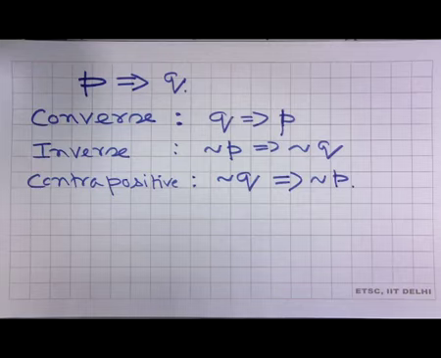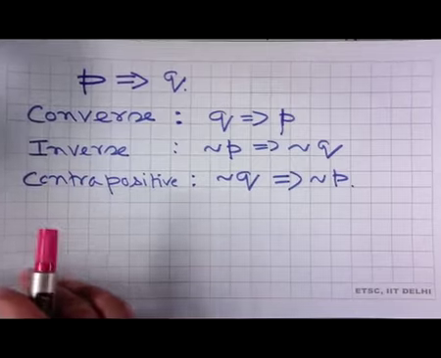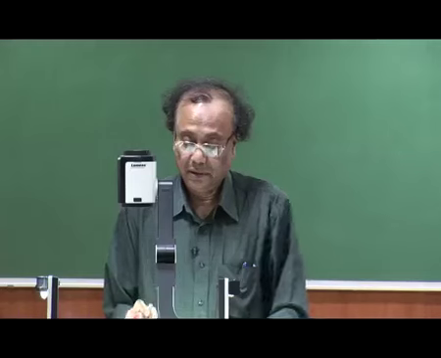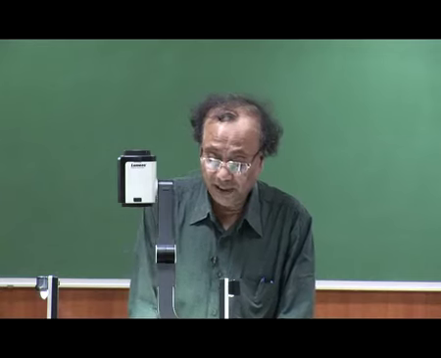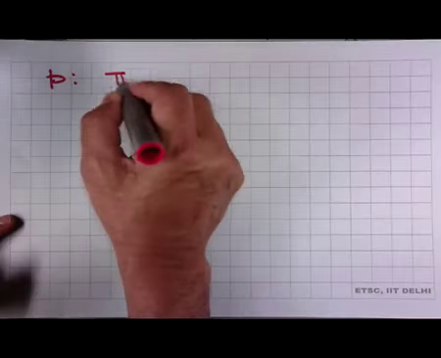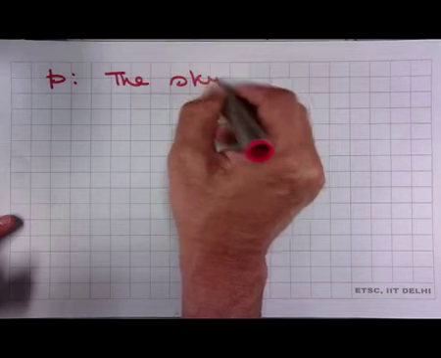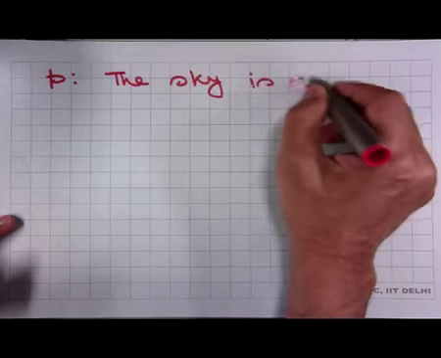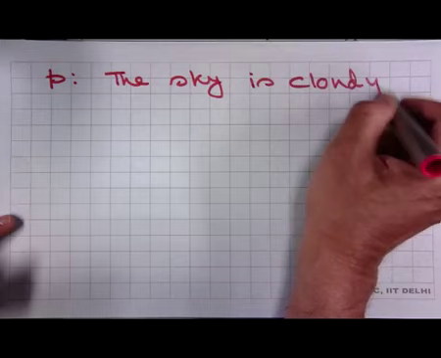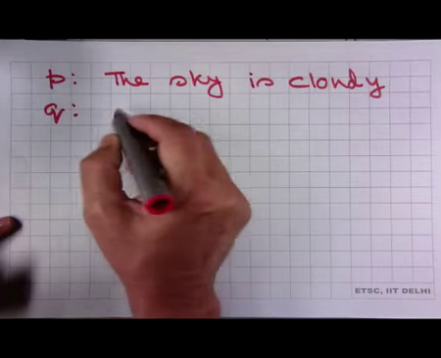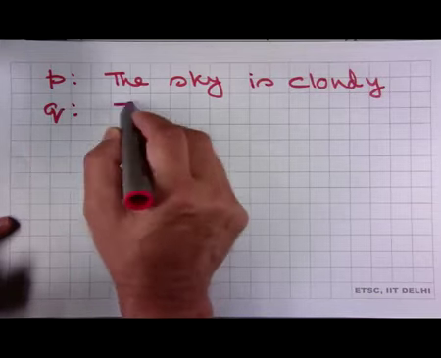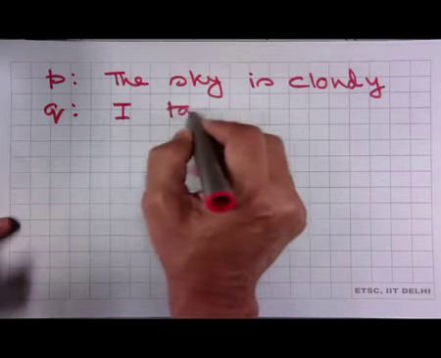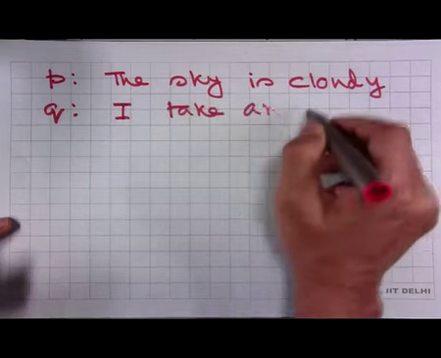This appears to be a little bit abstract, but when I explain it with some real life example, it will be clear. Suppose P is the sky is cloudy, and Q is I take an umbrella.